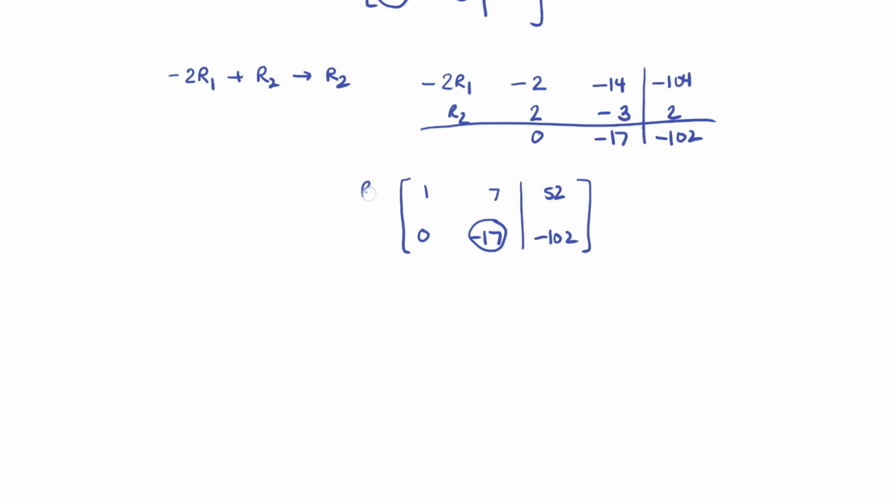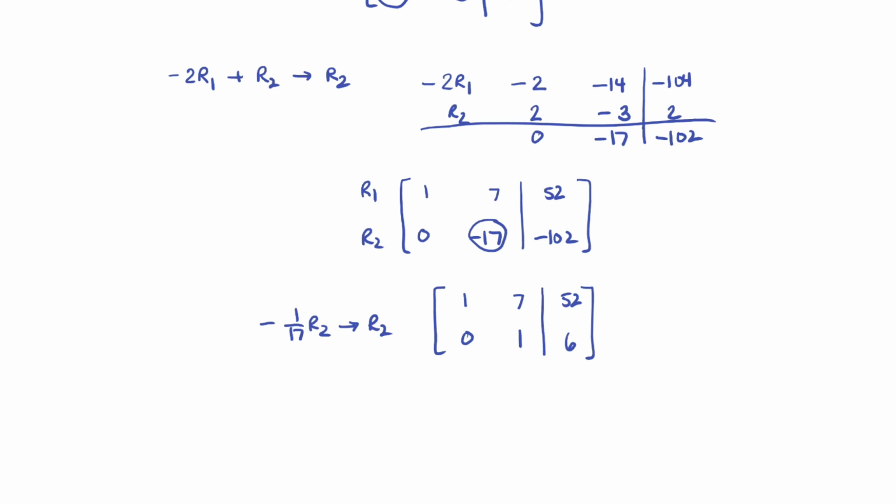So again, noticing that this is R1 and R2, what we're doing is taking negative 1/17 R2 and making that the new R2. So here's what we have. 1, 7, 52, 0. Now negative 1/17 times negative 17 is 1. Negative 1/17 times negative 102 is 6. So the Gaussian part of our solution is over with.